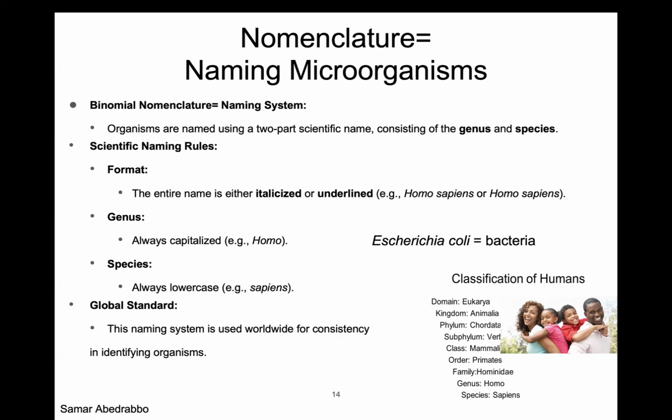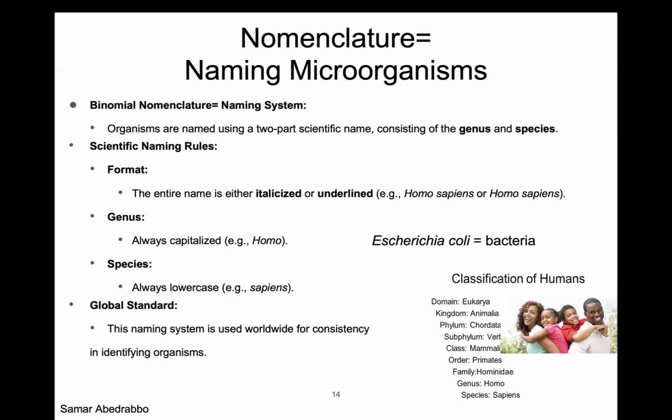And the reason why the system is used in the scientific world is because it's used worldwide. It allows scientists and healthcare professionals to communicate clearly about specific organisms. And I'll give you a good example. So if I were to say the word human, human is a word in English. I can ask someone who speaks Spanish or someone who speaks French or someone who speaks any other language, how do you say human? And everyone would tell me a different word.